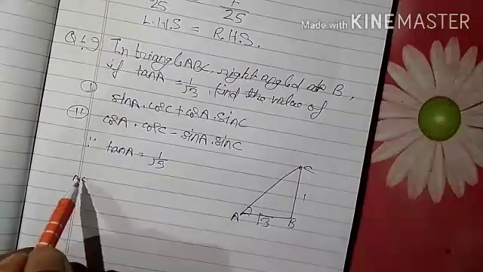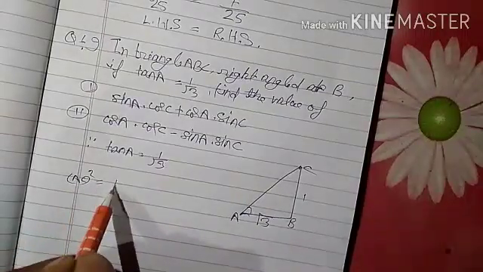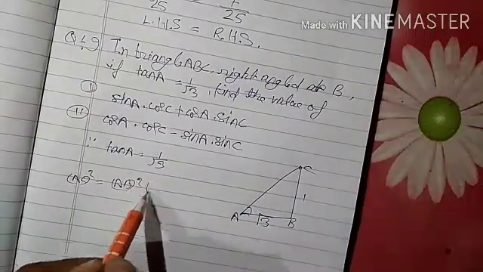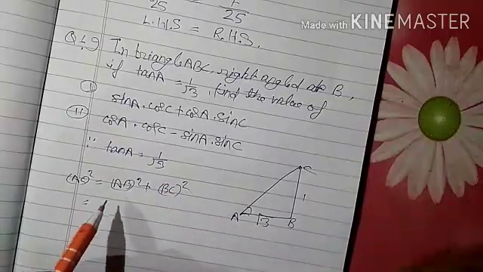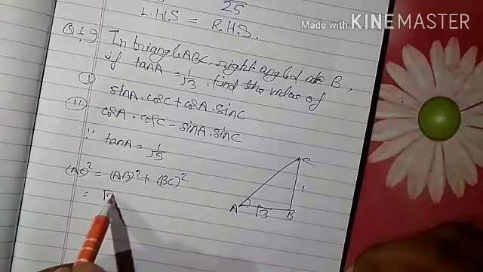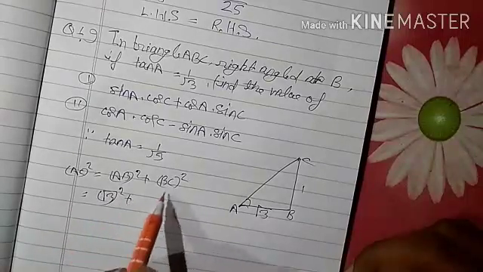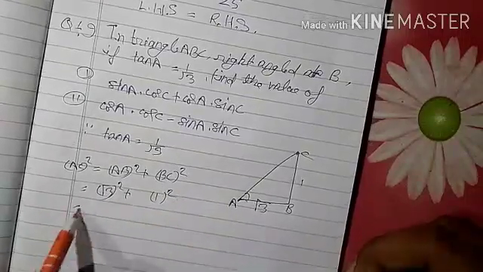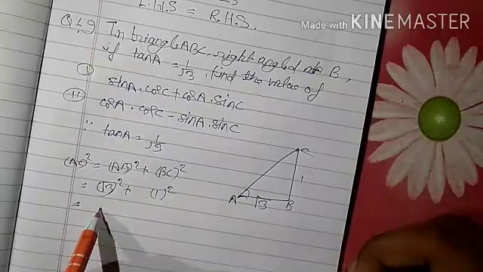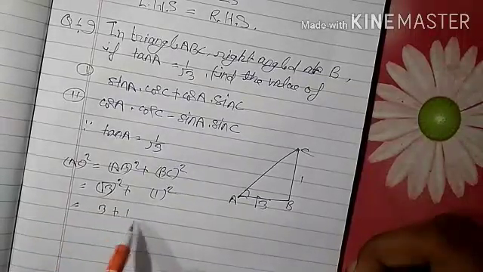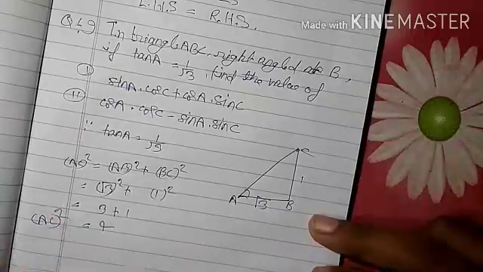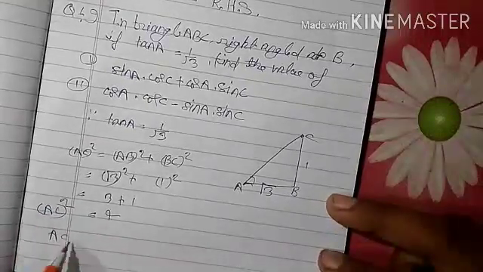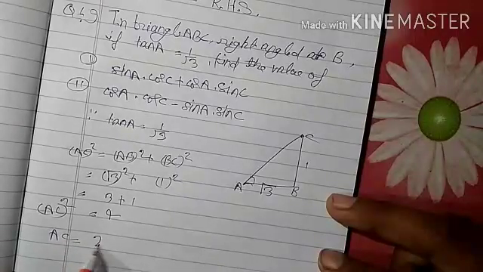So AC square is equal to AB square plus BC square. So that is square root 3 square plus 1 square, that is 3 plus 1 is equal to 4, AC square. So AC is equal to 2.